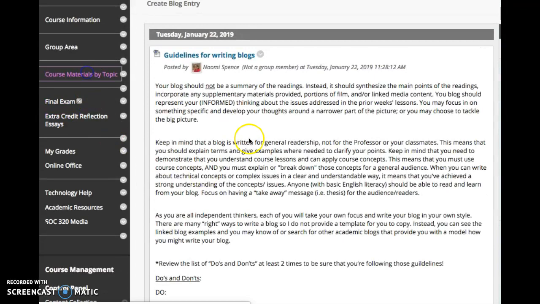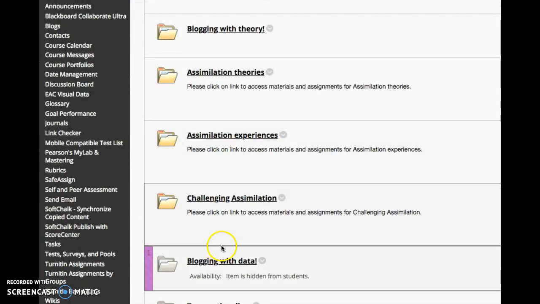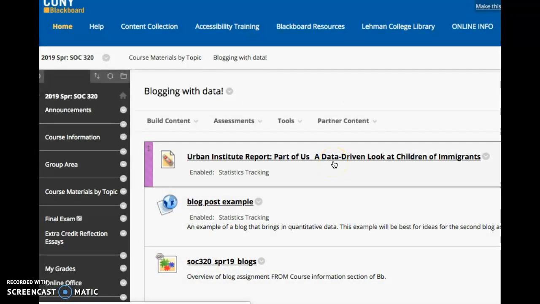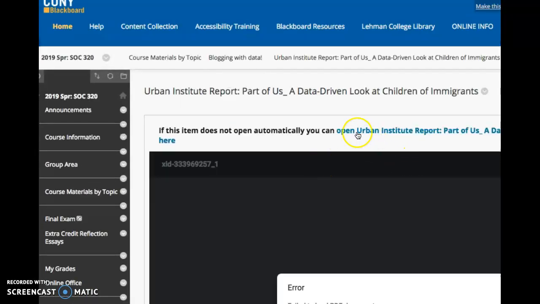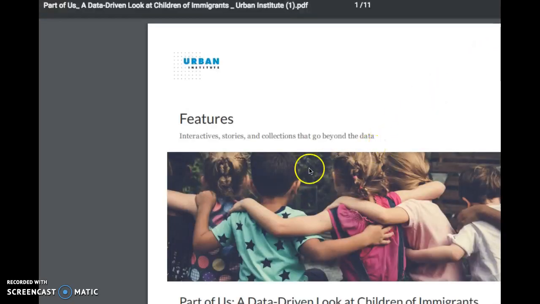And again, when you go to course materials by topic, we have this folder called Blogging with Data. The first thing in the folder is that Urban Institute report that I've been talking about. If you use Firefox as recommended, you don't have to go through these 10 steps to open a PDF, but I'm having a problem with my Firefox browser, so I right now am working in Chrome, and it makes you go through lots of steps there.